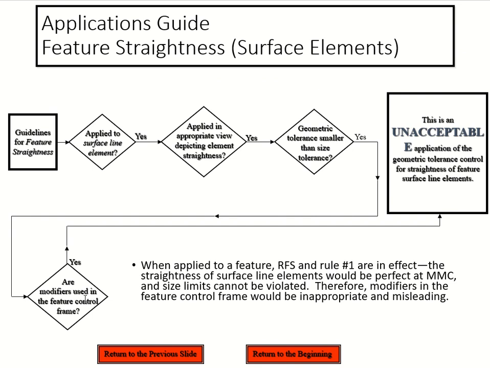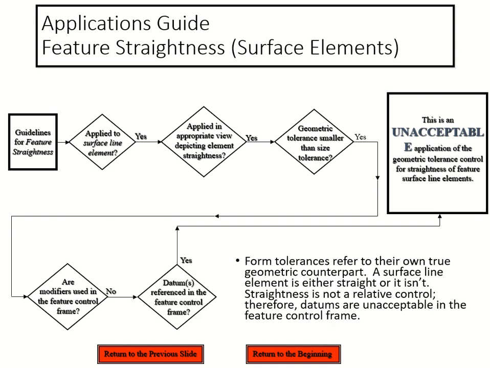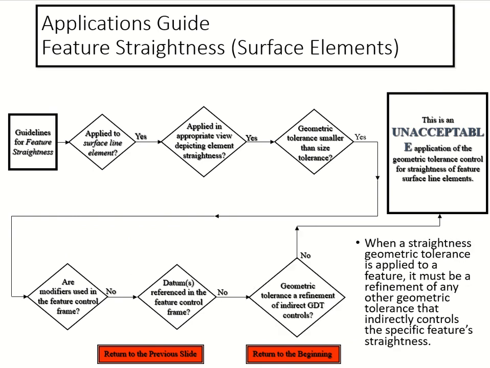If your modifiers are used in the feature control frame, that's also something wrong. Then you look at your datum reference, and if you use it, then that's also something wrong. The geometric tolerance, you check, and if there is no geometric tolerance for your GDT controls, then it is not acceptable.